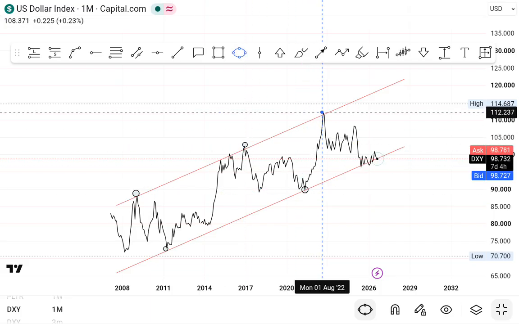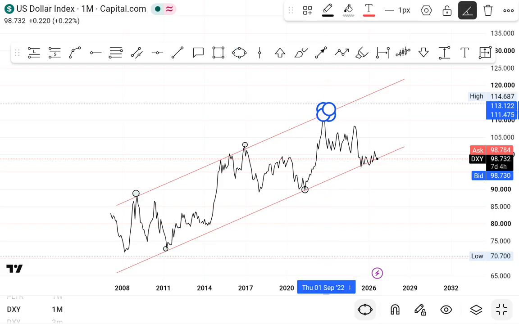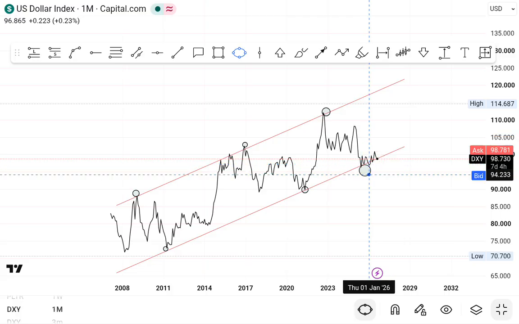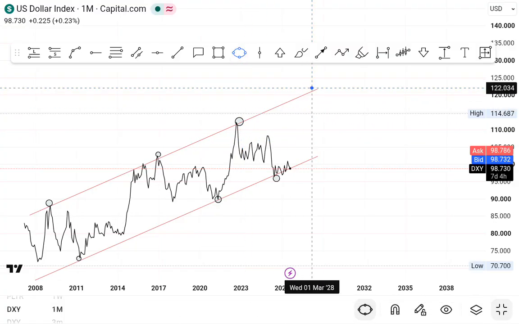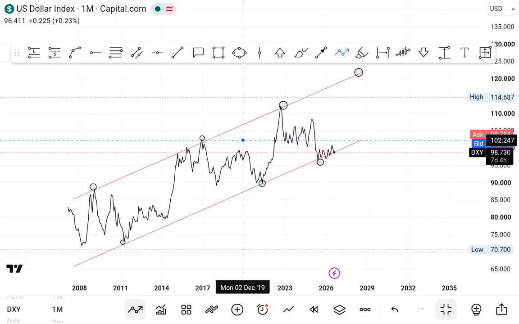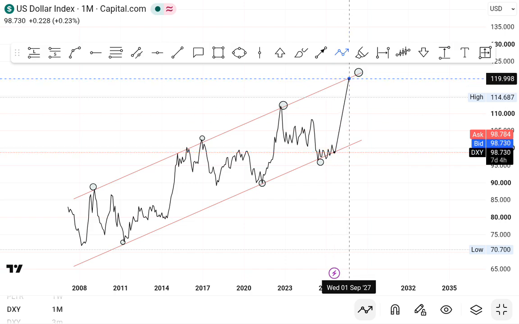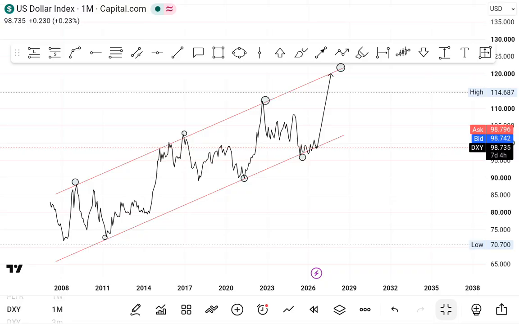From this major higher low, we generated a major higher high. From this major higher high, we generate a major higher low so that we can generate another major higher high. So they can even maintain this range or they can even break it. Now the question is, when they break it, where is the first area they can react from?